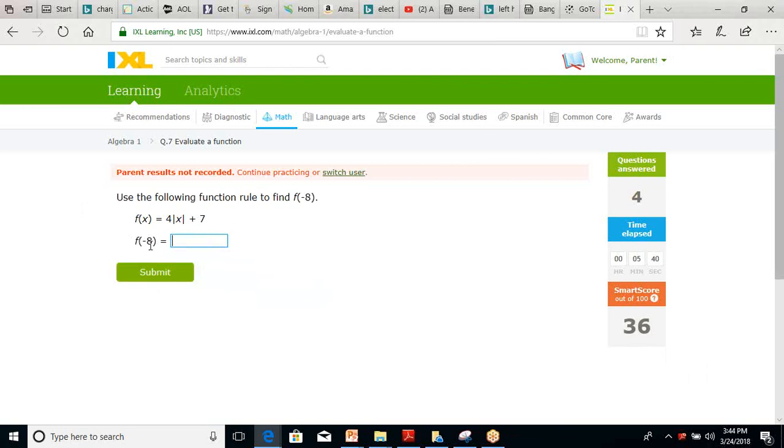So if x is minus 8, then you're going to get 4 times minus 8, which is minus 32. Minus 32 plus 7 is equal to minus 25.